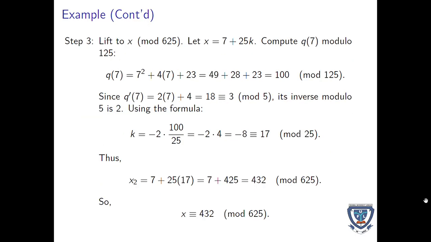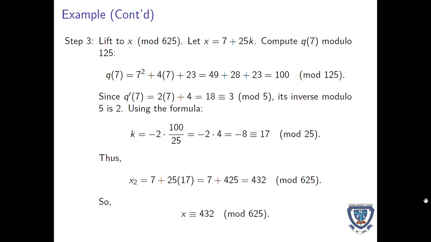Step 3, we do a similar thing with q(7), and when we compute that, we are going to have 100 mod 25. Then q prime at 7 will also give me 18, which is 3 modulo 5. And our k will give us 17 modulo 25.